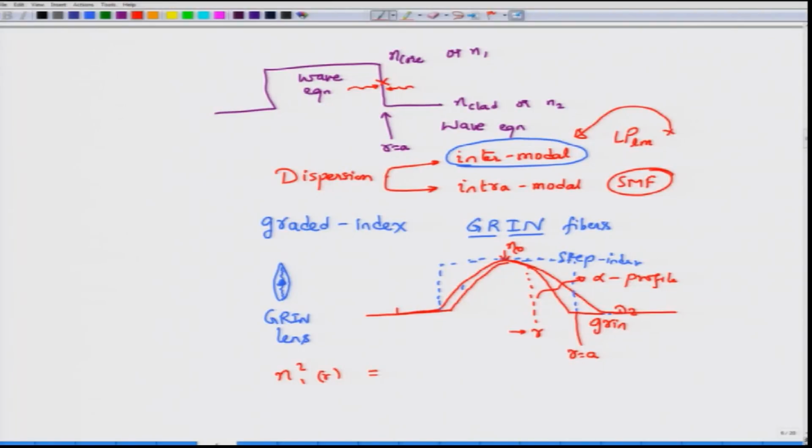This N1 square of r can be written as N1 square minus 2 delta times r by a, where a is the radius of the core, raised to the power alpha, where alpha corresponds to the grading profile. In fact, we can show that the step index profile corresponds to alpha equal to infinity, or alpha being very large so that it can be approximated to infinity.